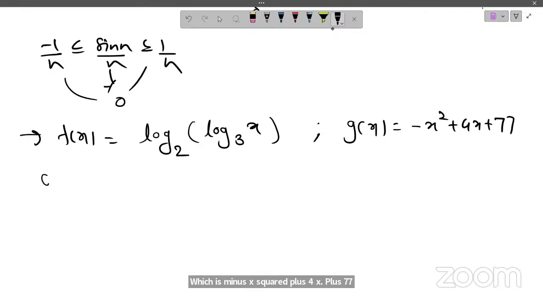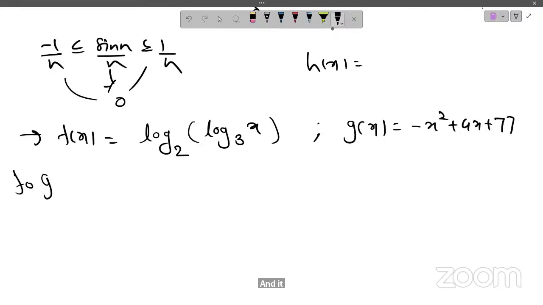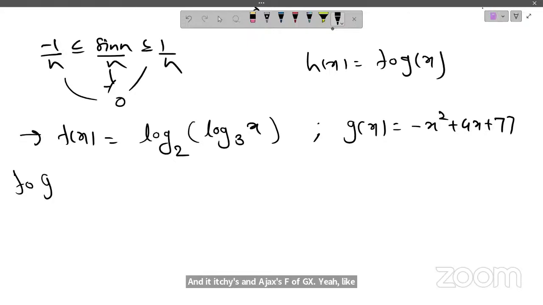Okay. What do you want? And h of x is f of g of x. Yeah, right. Do you want the domain of f composite g or something else? Ma'am, it asks for the maximum value of g of x and the maximum value of h of x. Okay. This is a question from quiz 2 because maximum and minimum are going to be discussed in the week 9 part.